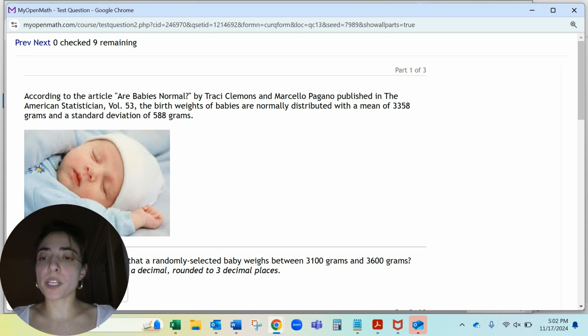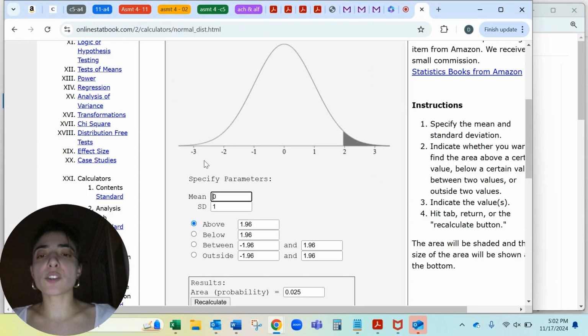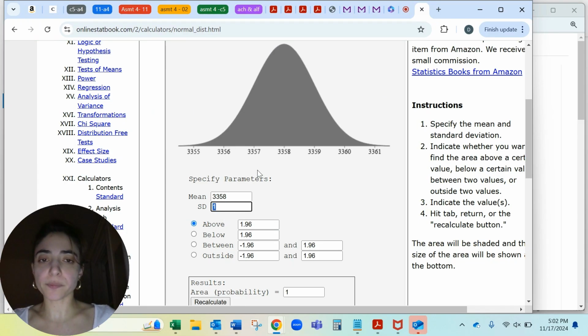Returning to the question, what is the probability that a randomly selected baby weighs between 3,100 and 3,600? If the mean of the babies' weight is 3,358, then I can describe that distribution over here with a mean of 3,358 grams.